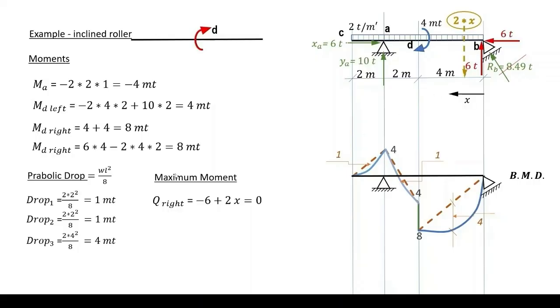Another important notation is that the maximum moment occurs at 0 shear. This is because the moment is the integration of shear.